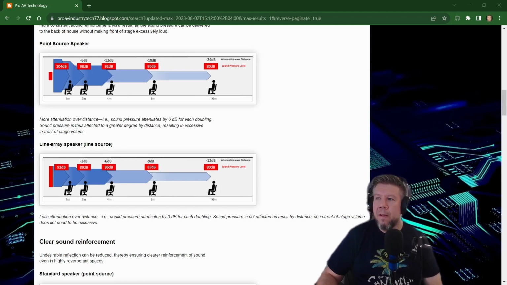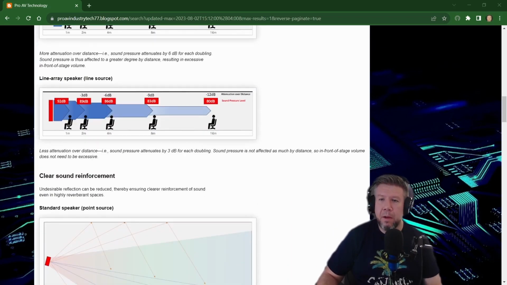If you're sitting at 16 meters, as shown in these 2 diagrams, with the point source speaker you lose at least 24 decibels, whereas with the line array you only lose about 12 in some cases. So there is less attenuation over distance: sound pressure attenuates by 3 decibels for each doubling. Sound pressure is not affected as much by distance, so in-front-of-stage volume does not need to be excessive. Hope that makes sense.